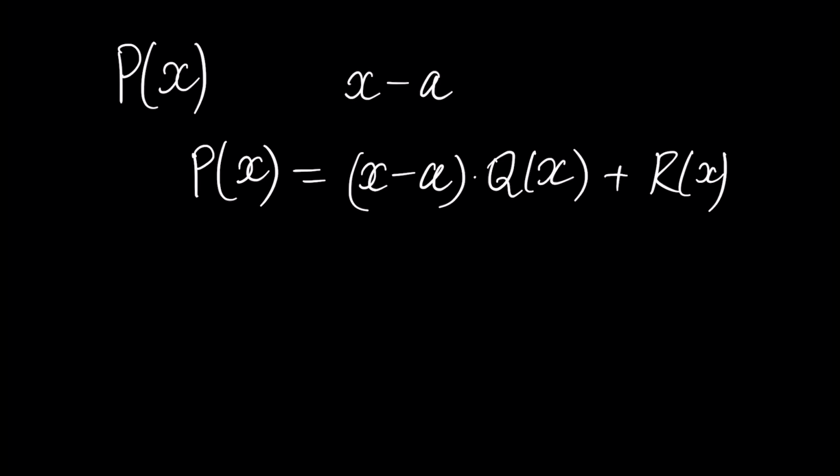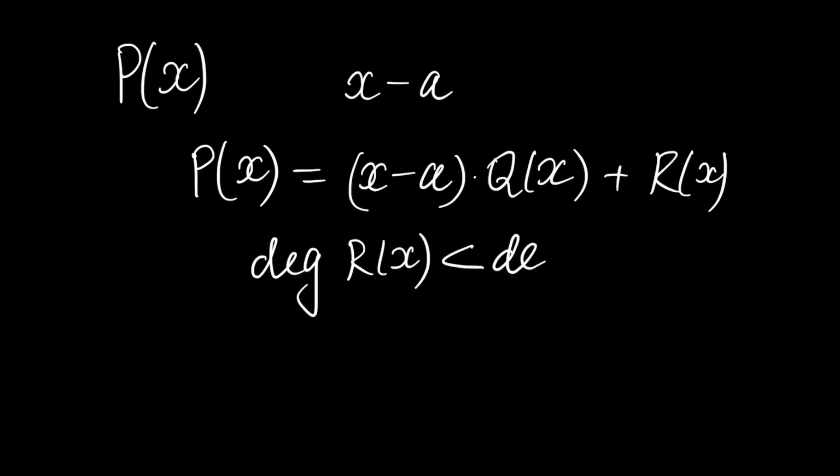And as we already know, the degree of this remainder r of x must be less than the degree of the divisor x minus a. But the degree of our divisor x minus a is 1.